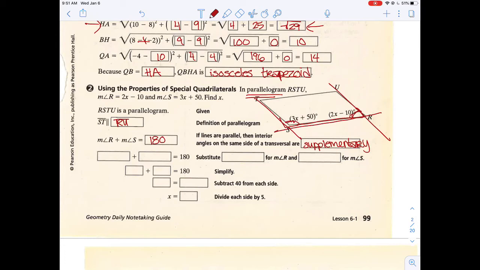So they're supplementary. We're going to substitute 2x minus 10 for R and 3x plus 50 for S. If we combine like terms, 5x plus 40 equals 180. If we subtract 40 from each side, 5x equals 140, and if we divide both sides by 5, we get 28. So in a parallelogram, the two angles next to each other are supplementary.